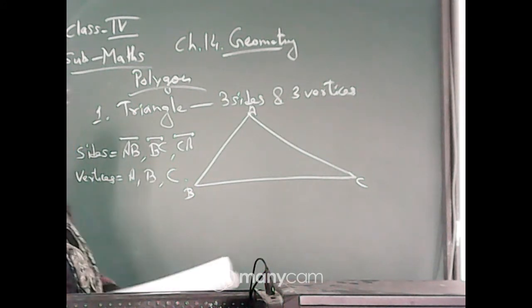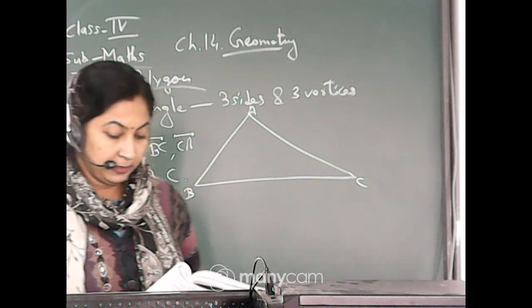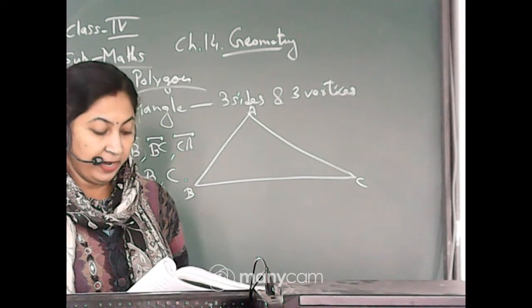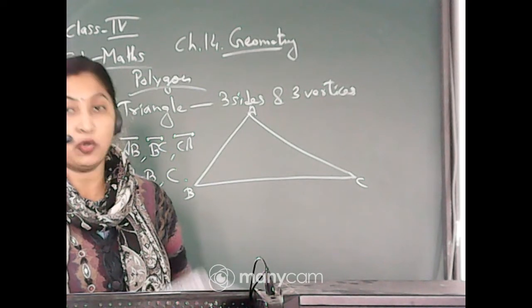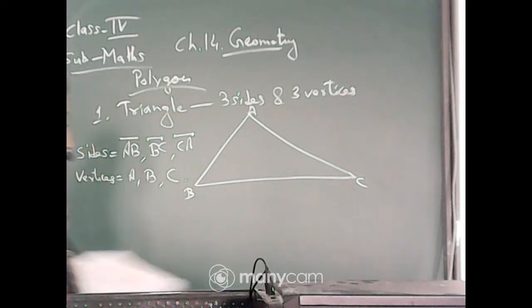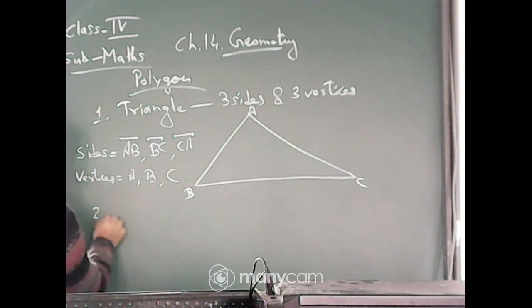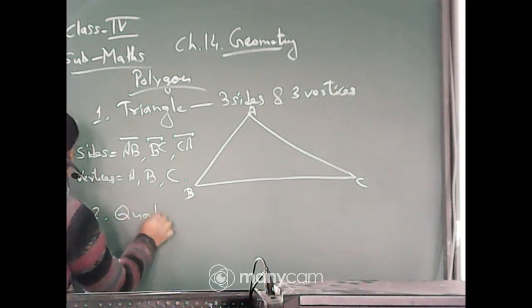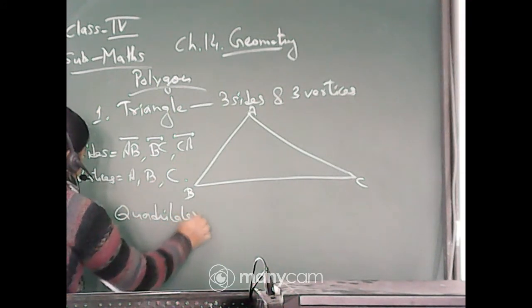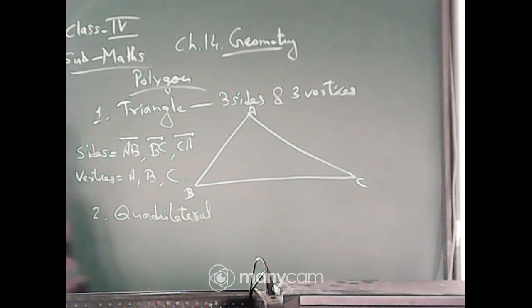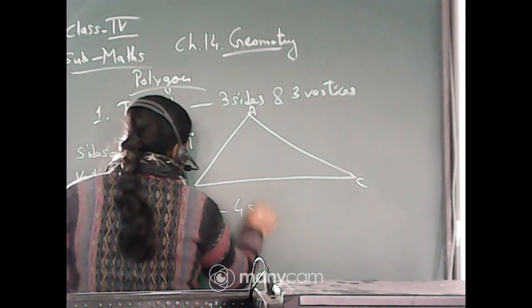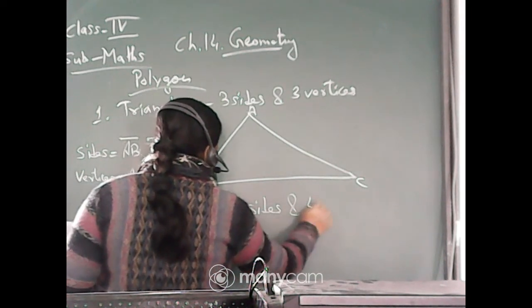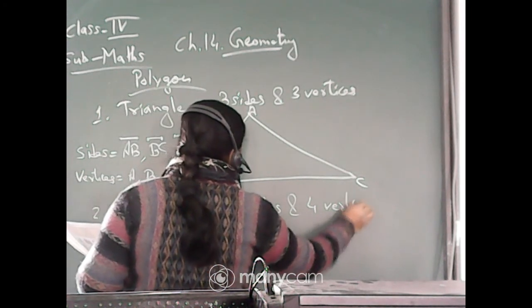Next comes the quadrilateral. A simple closed figure bounded by 4 line segments is called a quadrilateral. A quadrilateral has 4 sides and 4 corners or 4 vertices.